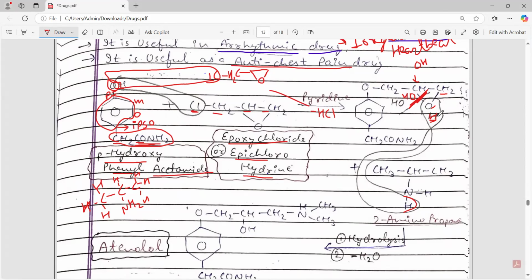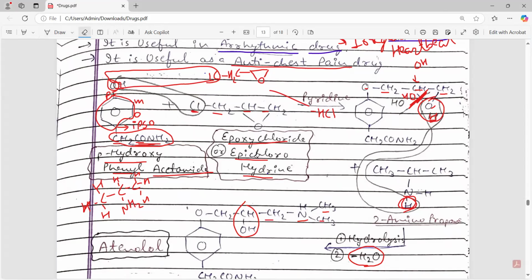From the OH, CH2OH, and this H will be removed as minus H2O. So here O, CH2, CHOH, CH2, NH, CH3, CH3.